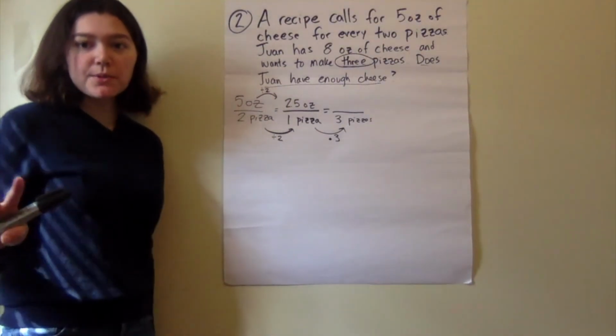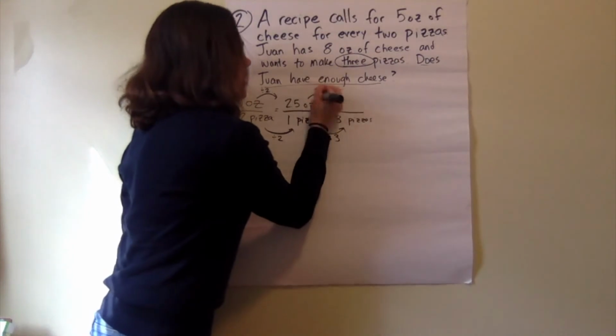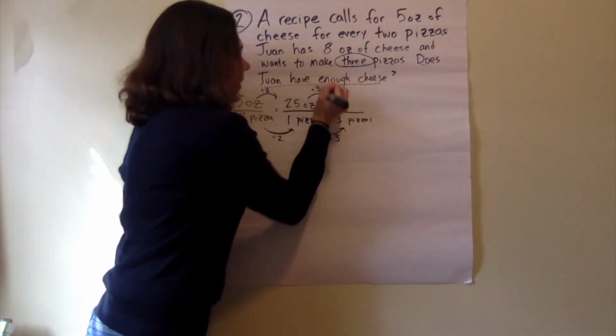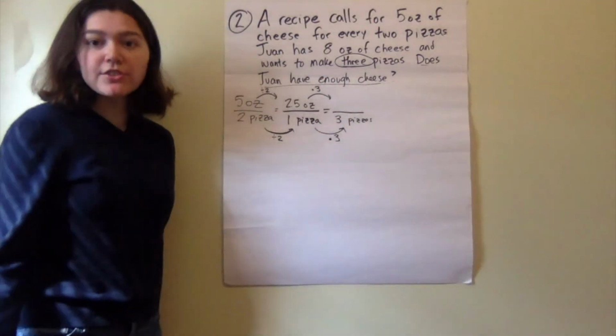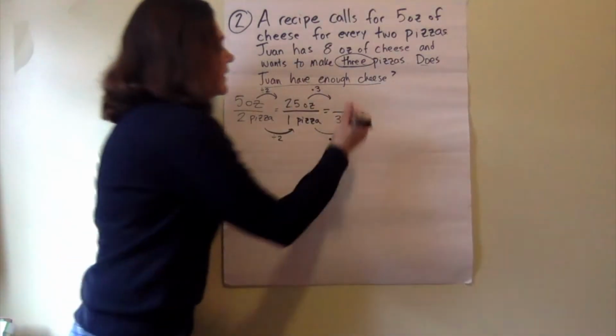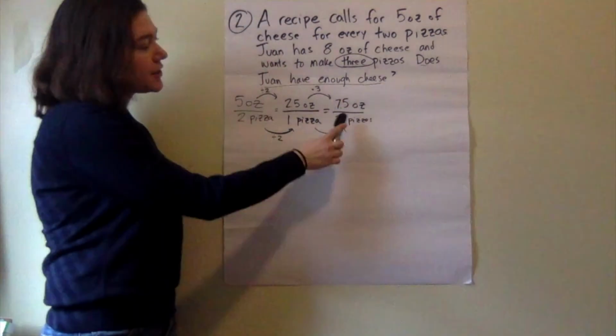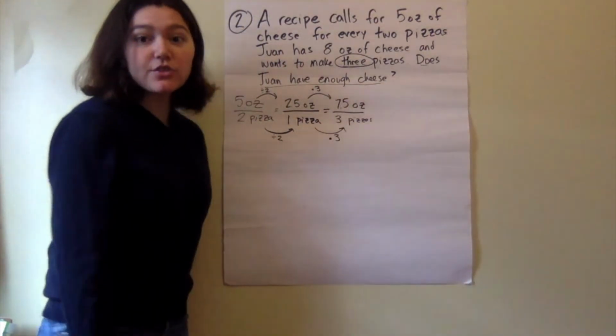So if we want to get from 1 to 3, we're going to multiply by 3. And I need to do the same thing up here to create an equivalent ratio, equivalent fraction. So I do 2.5 times 3, and that's going to give me 7.5. So to make 3 pizzas, you need 7.5 ounces of cheese.